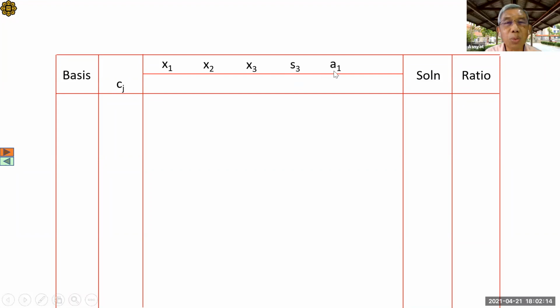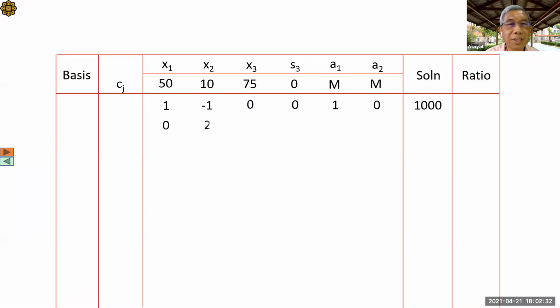Let's go quickly. Positive M, positive M. Then this is the coefficient of the constraint. I do quickly.